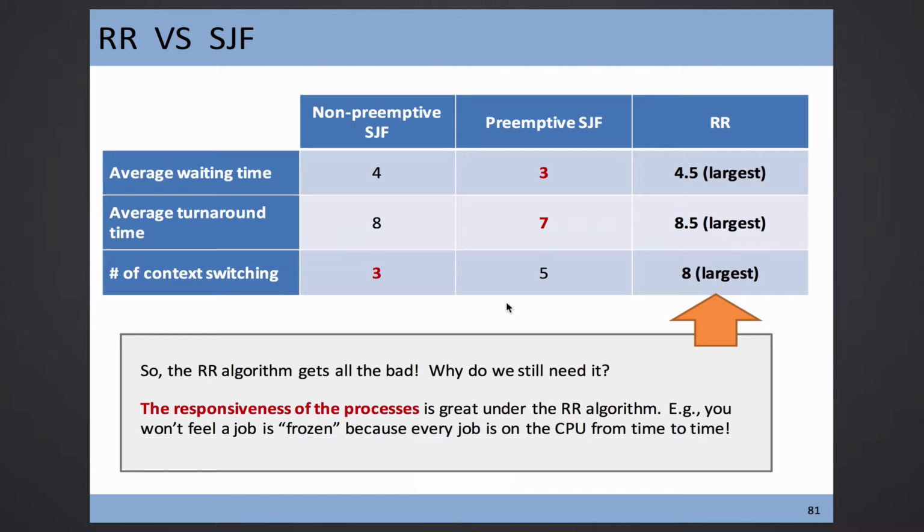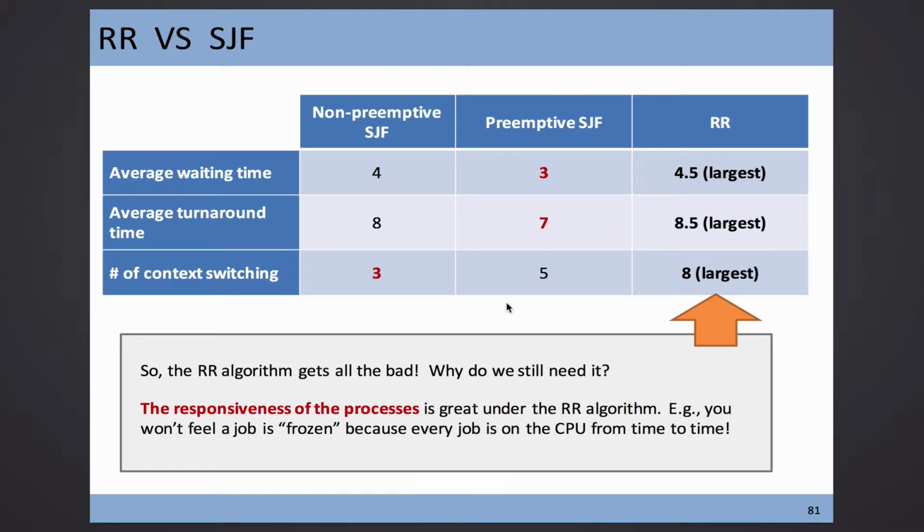So this RR is confirmed to be a good one as long as you have more and more context switching. You have a lot of context switching, then it will give you an illusion that every process runs together, but there are other penalties, like the context switching is actually not free. You incur time.